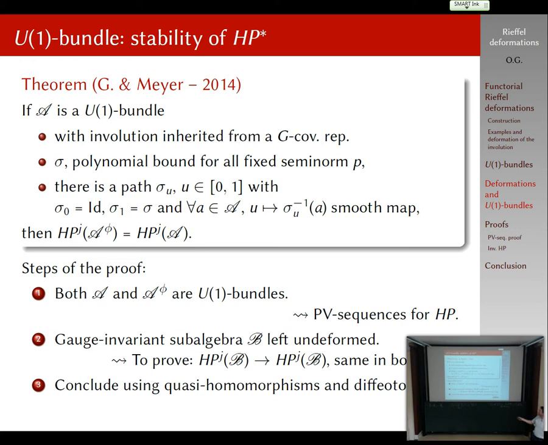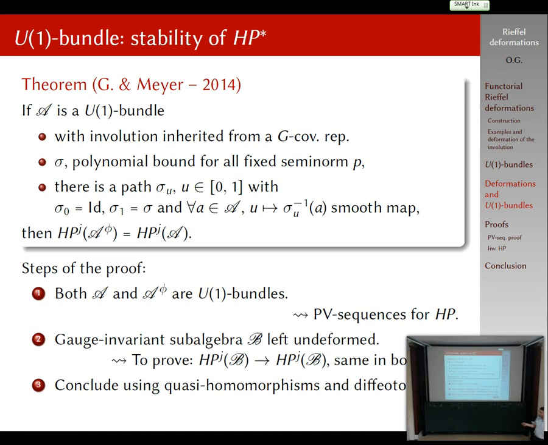So, steps of the proof. Both A and A phi are U1 bundles because of the previous proposition. And so we have these Pimsner-Voiculescu-like sequences in periodic cyclic cohomology.